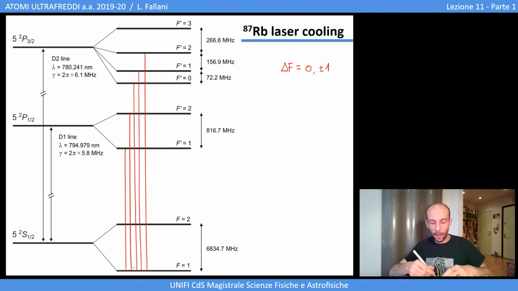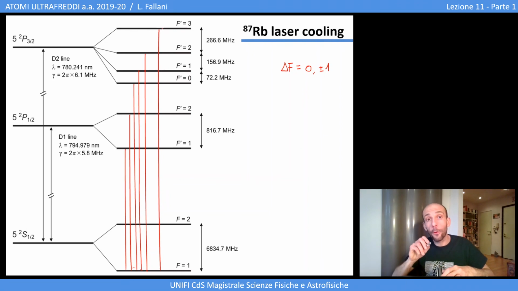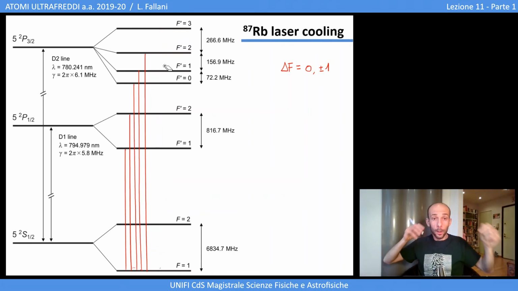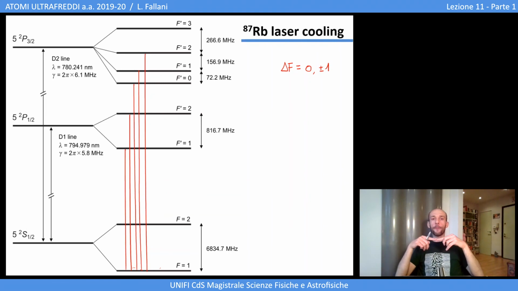We cannot have this transition. This transition is forbidden by selection rules because this would be a transition with delta F equal 2, that is not allowed in electric dipole transition. So this is not possible. So we have these 5 transitions from an atom in the F equal 1 state.